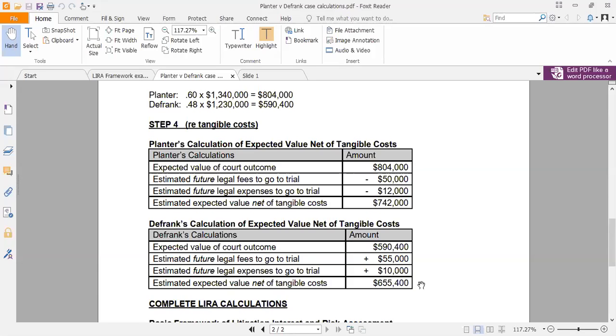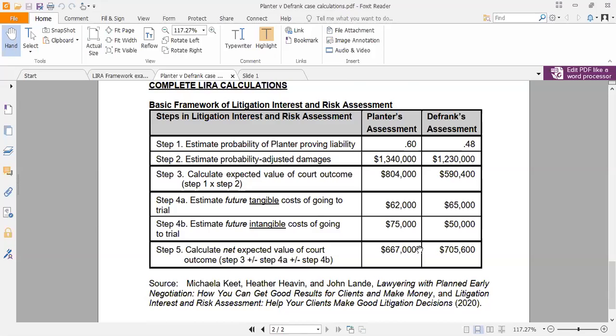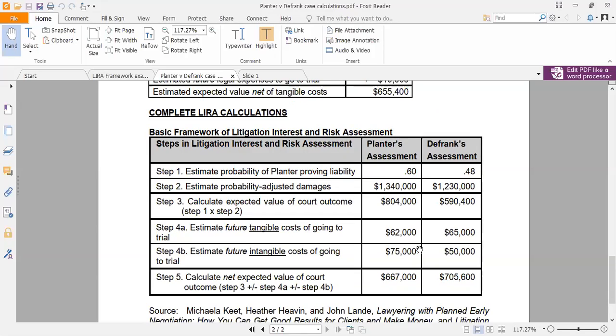So from their point of view, it would be worth it, just looking at the dollar amounts, to pay $655,400 today, as opposed to going to trial where they might only get an award against them of $590,400.